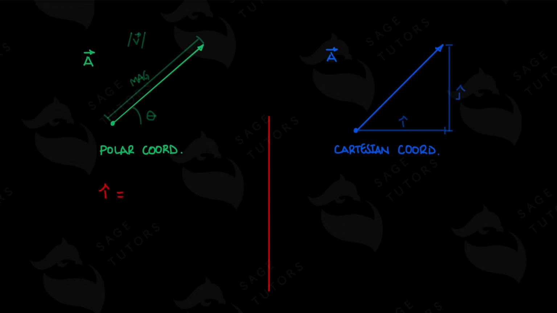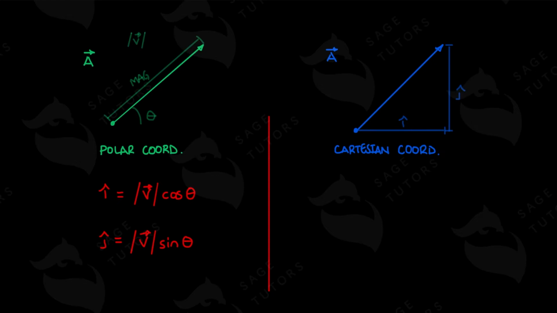For the I component, you use the magnitude of the vector times the cosine of the angle. And for the J component, or the vertical component, you use the magnitude times the sine of the angle. In this way, you get the same vector, but represented with its Cartesian coordinates.